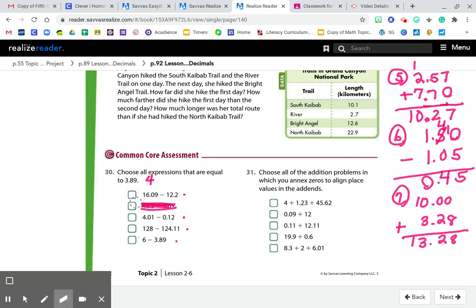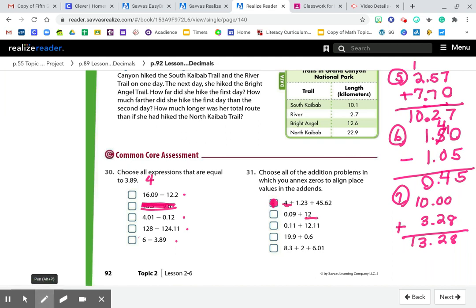There we go. On this next one, on 31, choose all of the addition problems in which you annex zeros to align values in the addends. So when are we going to have to annex zeros? That one's not as hard. We can actually go through and do that one just by visual. We're going to have to add some zeros to this one, to the 4. We're going to have to add some zeros to the 12.